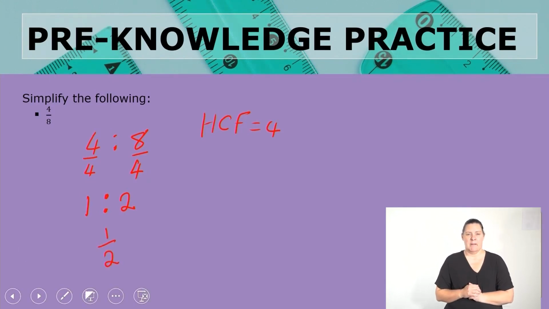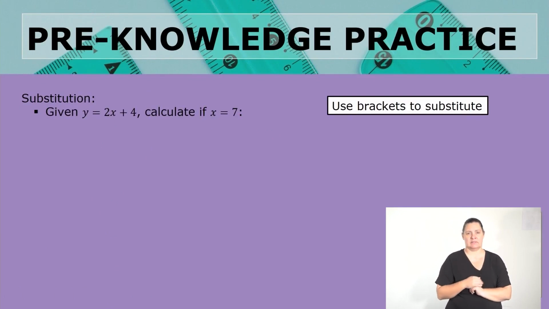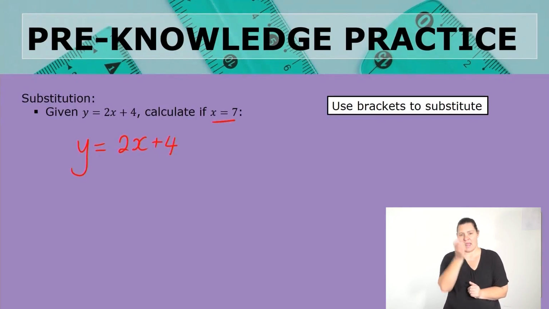All right, let's move on to our next practice. Substitution. We are given here y is equals to 2x plus 4. Calculate if x is equals to 7. Remember now to use your brackets when you substitute. What I'm going to do is I'm going to write my equation and I'm going to use the given information there to substitute.